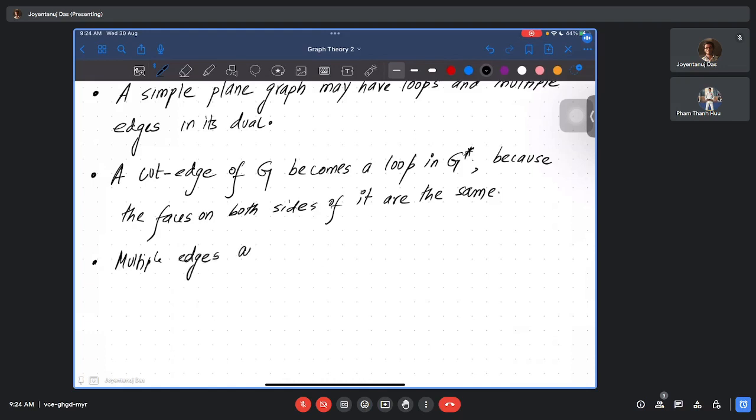And multiple edges arise in the dual when distinct faces of G have more than one common boundary.